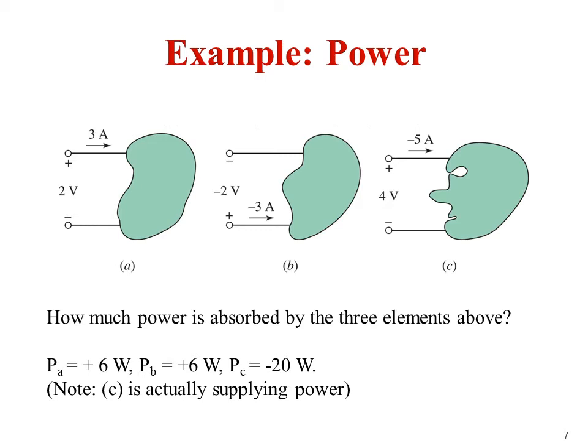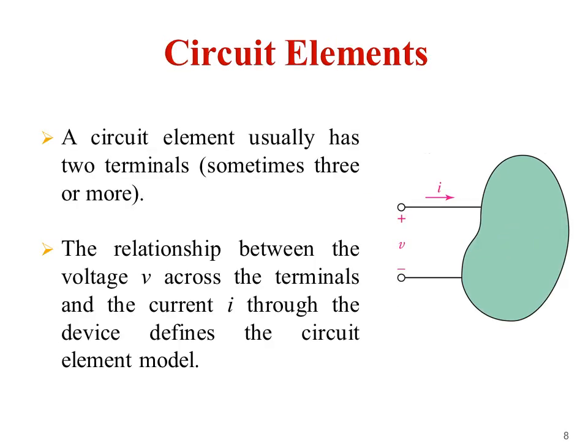We just discussed that whenever the calculated power is positive, we conclude that the element is absorbing energy. If the calculated power is negative, then we conclude that it is supplying energy. So in diagram C, we got minus 20 watts, so diagram C is actually supplying the power.